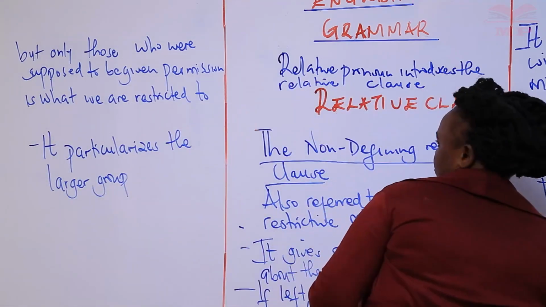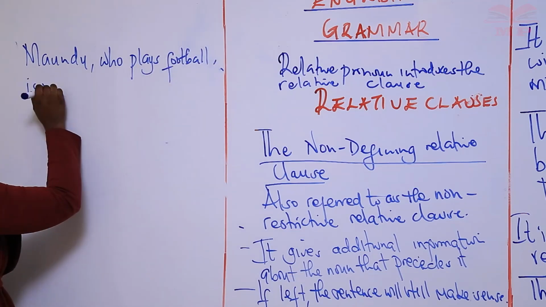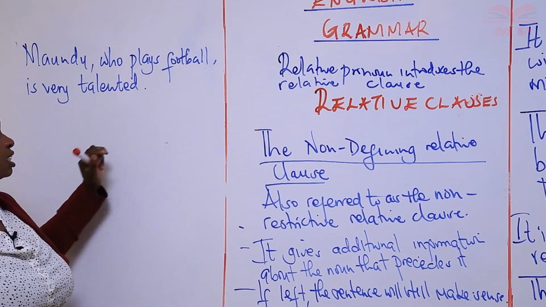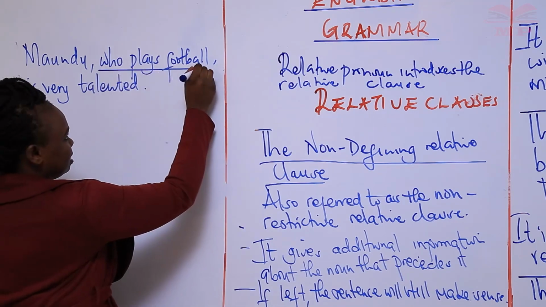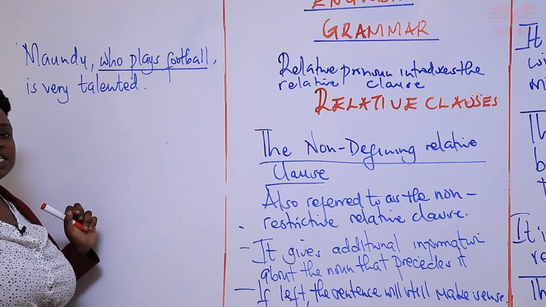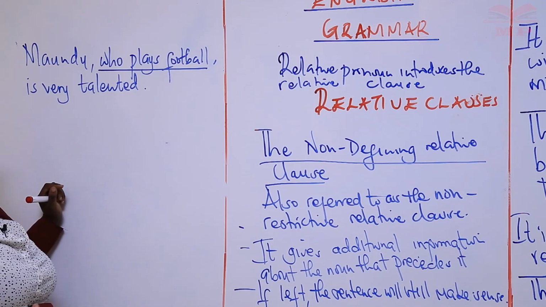Let me give you an example. Maundu, who plays football, is very talented. So this clause here, who plays football, is our non-restrictive clause. Why? If we leave it out, the information is still the same.